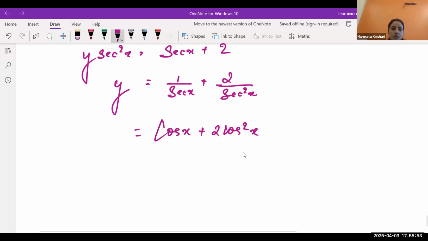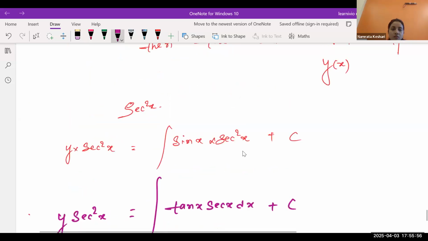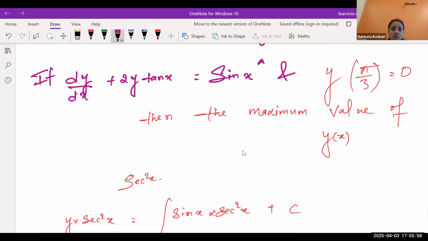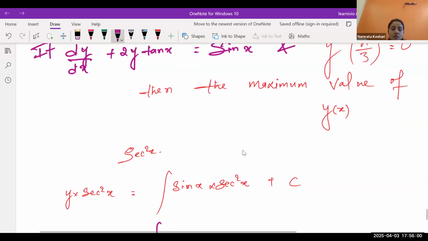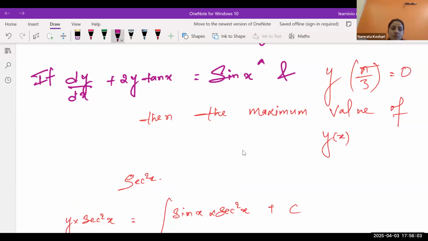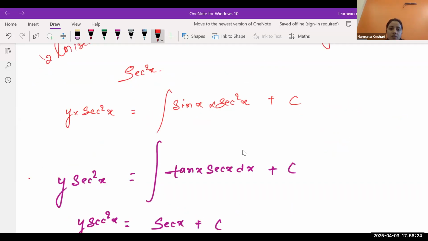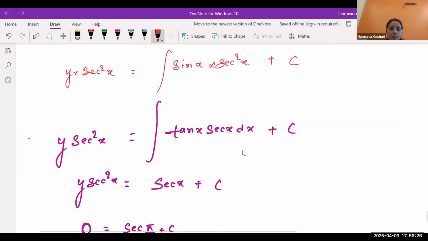Let me check. Here the integrating factor you have got is sec square x. Log of tan, like tan x is log of sec x, and that power will go. But the other side we were having sin x, then we got tan into sec.